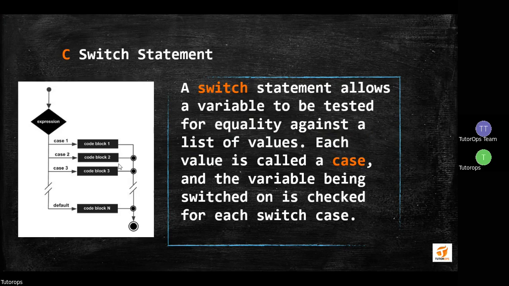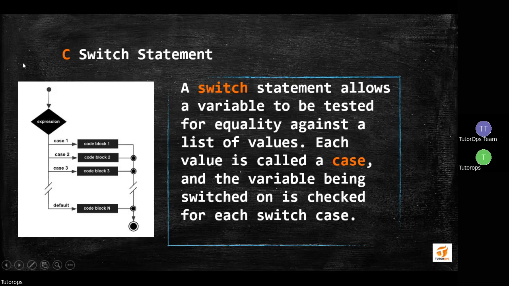This is another decision making statement which works the same as an if else condition. You can write if else conditions as well as switch cases. A switch statement allows a variable to be tested for equality against a list of values, each value is called a case, and the variable being switched on is checked for each switch case.